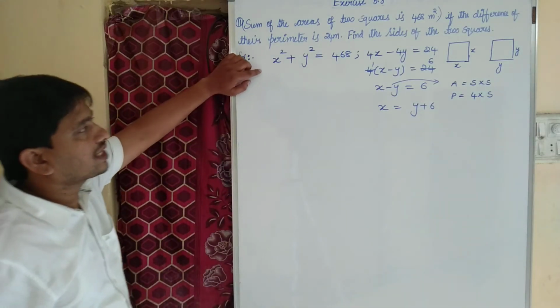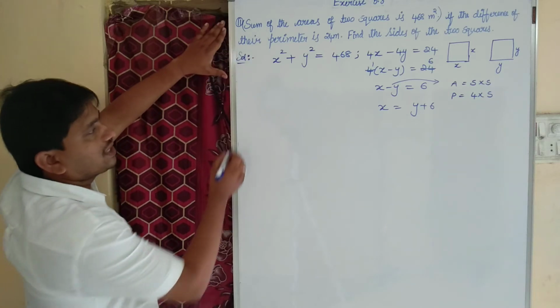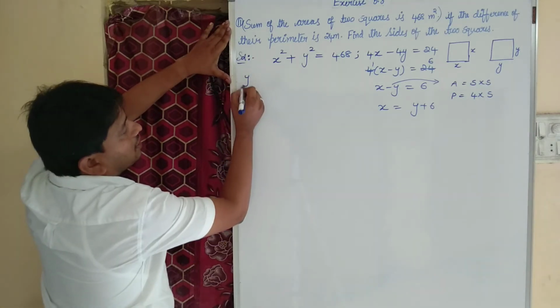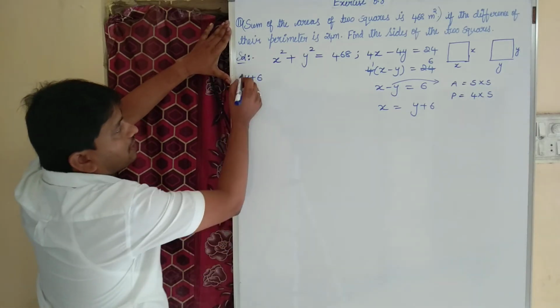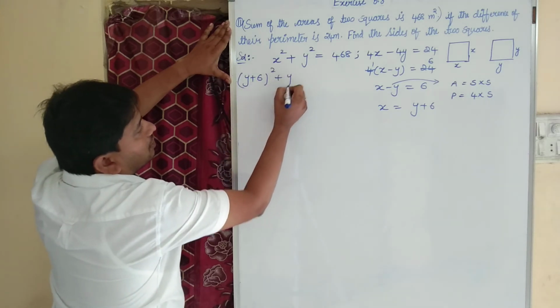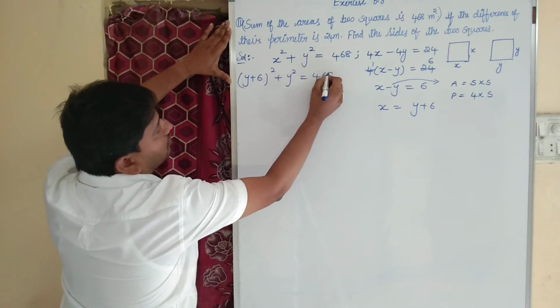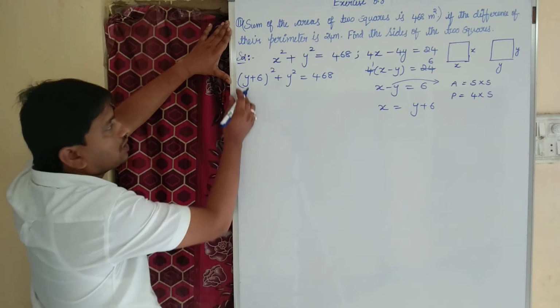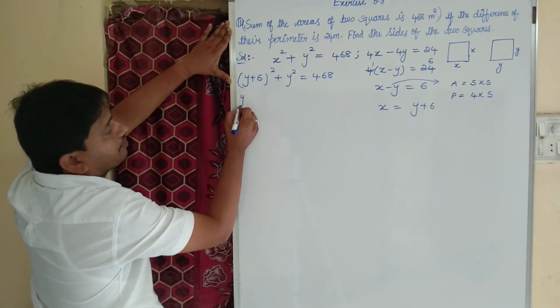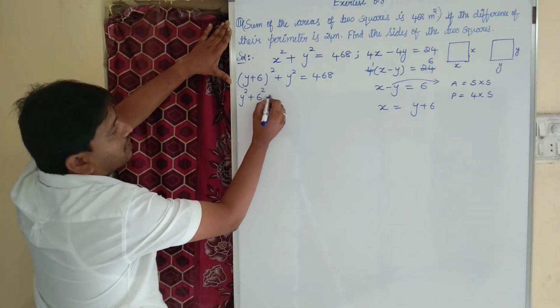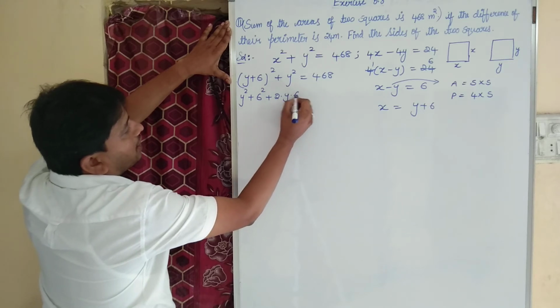So in the place of x, what you do? Substitute y plus 6, children. In the place of x, we are substituting y plus 6 whole square plus y square equal to 468. A plus b whole square formula: a square plus b square plus 2 into a into b.